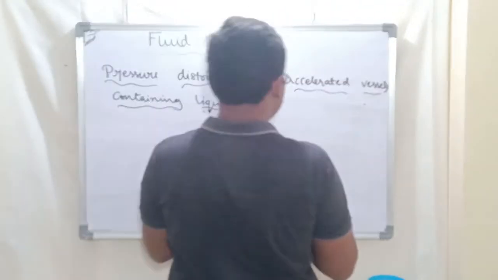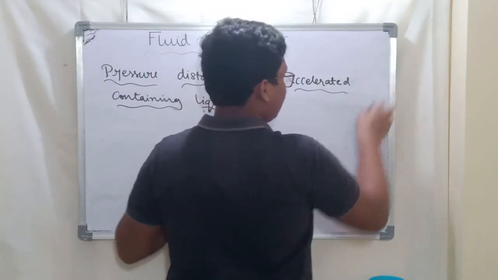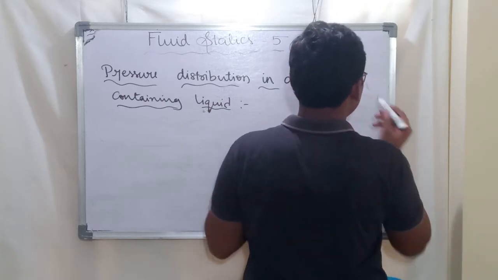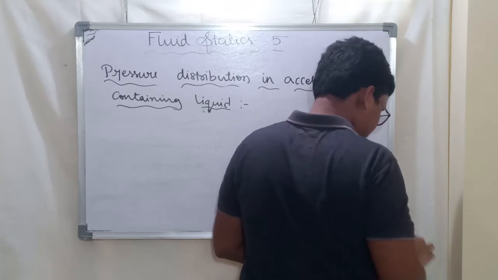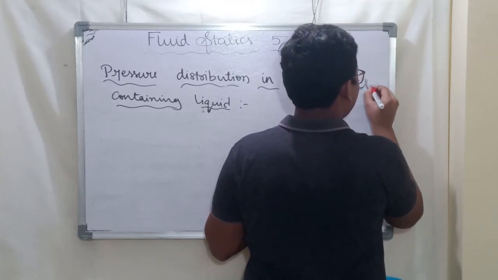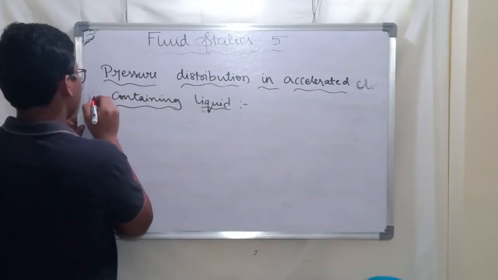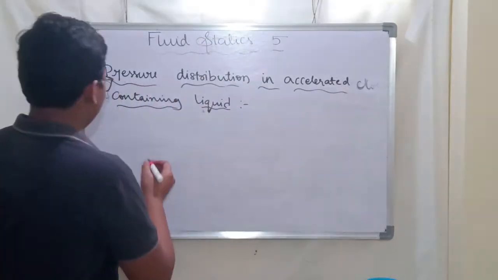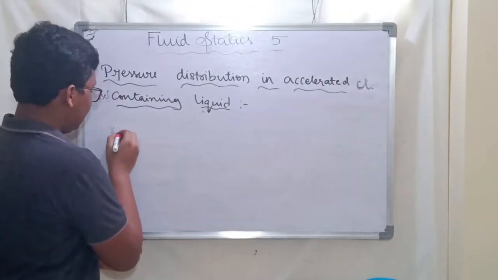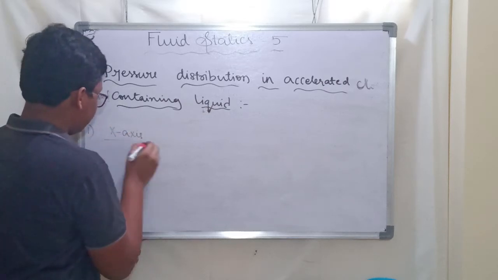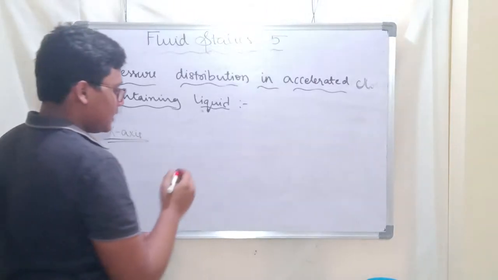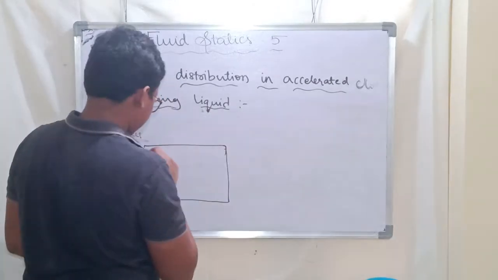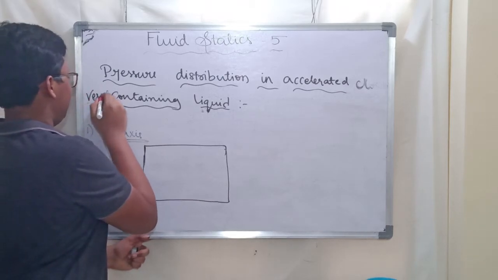Then we'll take the x-axis as the direction of acceleration. Here we take an accelerated vessel which is closed.